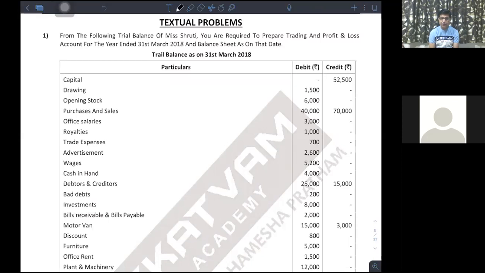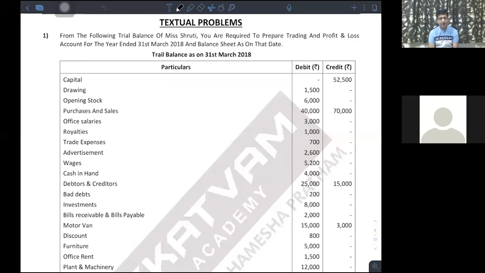And as we are following the double entry system, the dual aspect says that every transaction will have two effects on the financial position of a business. And as every transaction has two effects, my total assets must be equal to the capital plus liabilities.